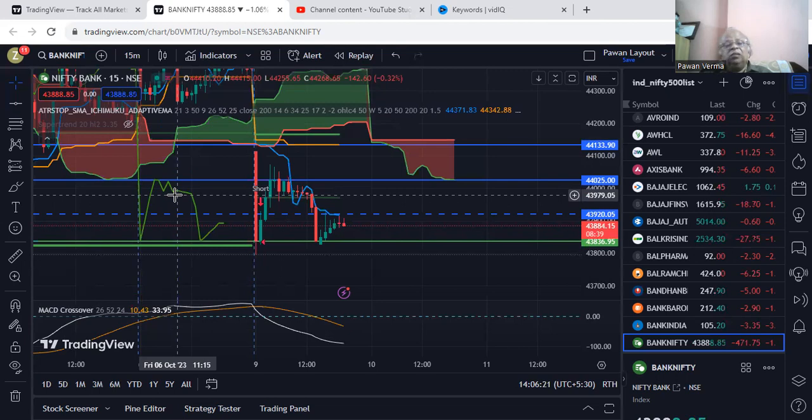But now the selling is still there as compared to buying. Buying has not superseded the selling. So we are getting some downward movement.